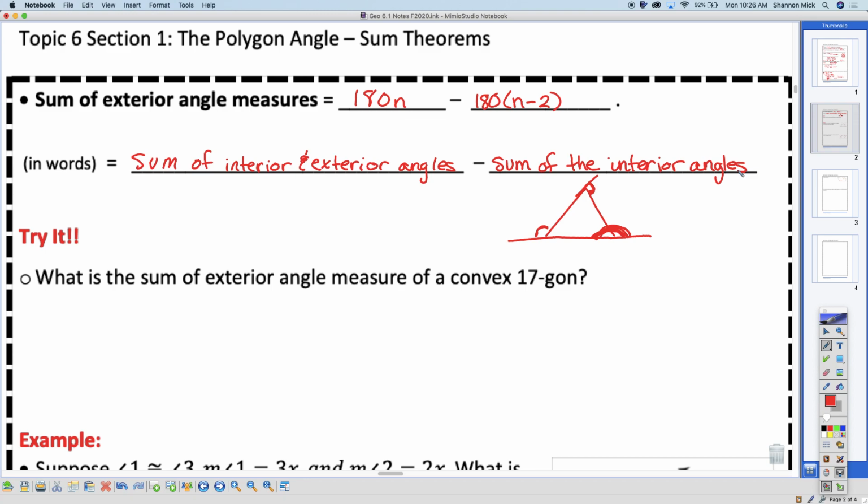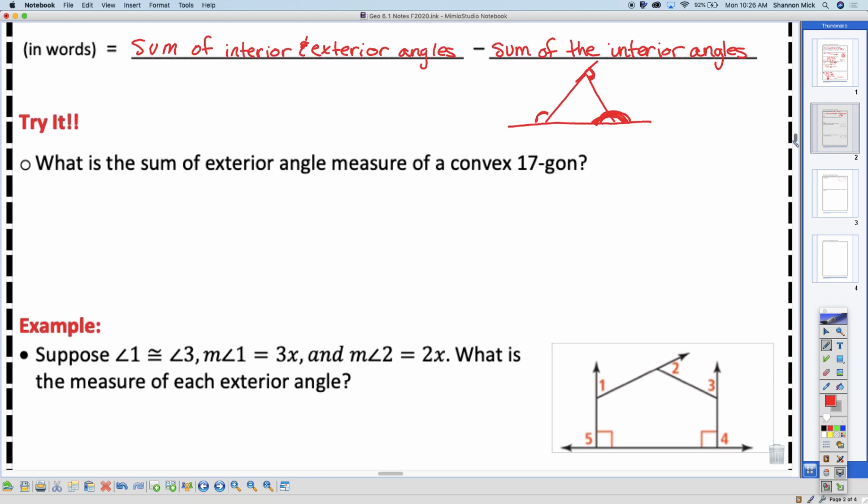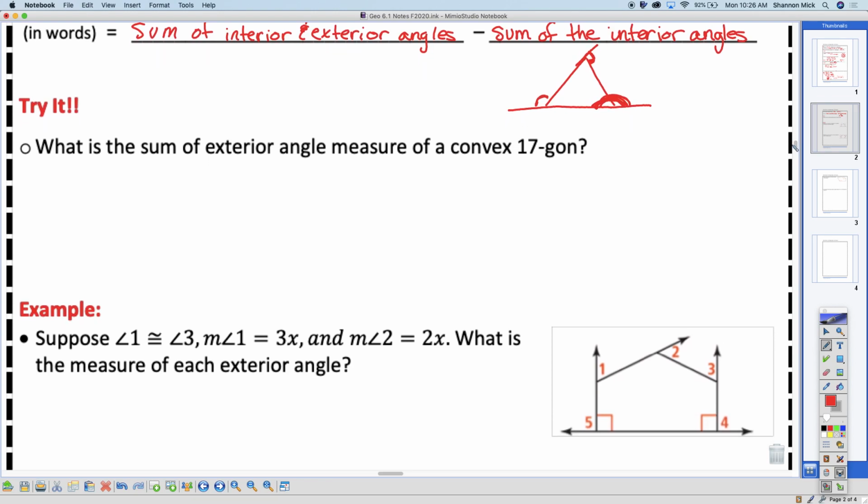Now, I'm going to show you how to make this multiplication much easier, but you have to watch. It's not hard. Okay, so what is the sum of the exterior angle measures of a 17-gon? Following my formula, it is 180n minus 180 times n minus 2.